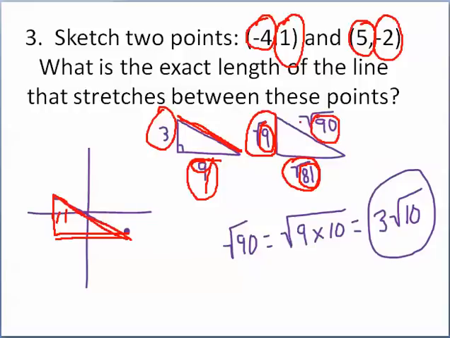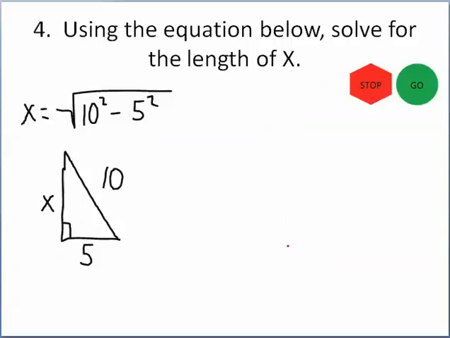If I put 90 under the square root sign, that gives me the exact length of the hypotenuse. Now, the square root of 90 can then be broken down into the square root of 9 times the square root of 10. The 9 comes out from under the square root sign, and that leaves me with 3 square root 10 as the simplified version.